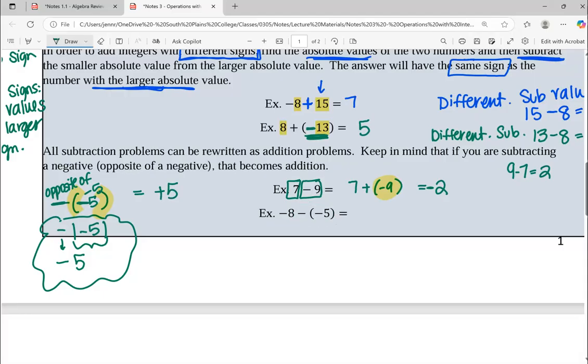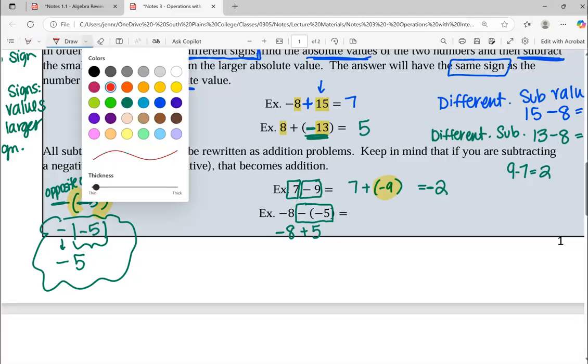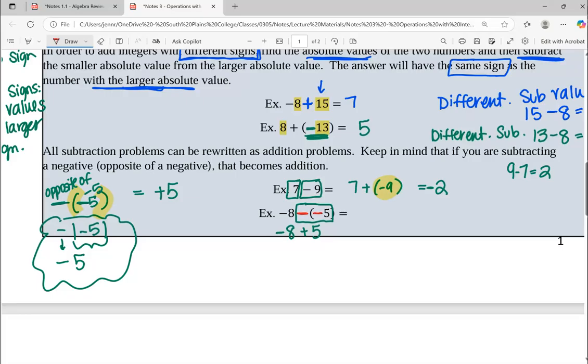So when I'm given the problem negative 8 minus a negative 5, what they're really saying is I have negative 8 plus 5, because the opposite of a negative is positive. Please do not miss this. This is a very, very common mistake. It requires both of these signs. The first one is the crossbar.